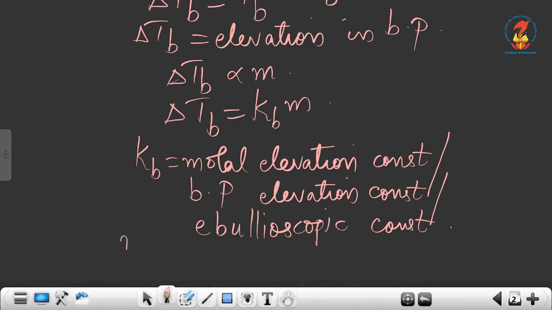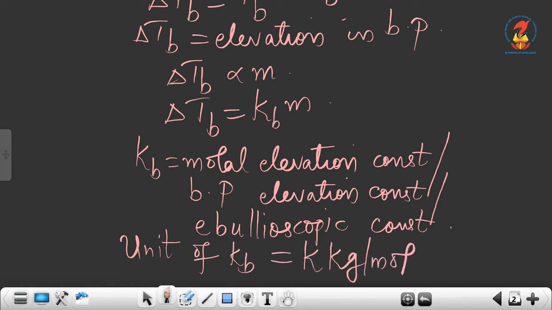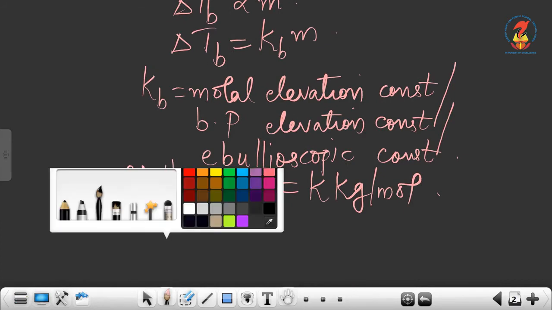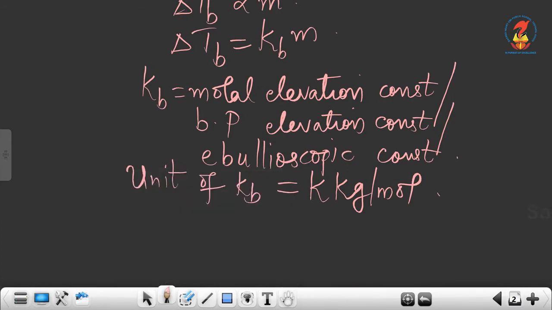And the unit of Kb is Kelvin kilogram per mole.